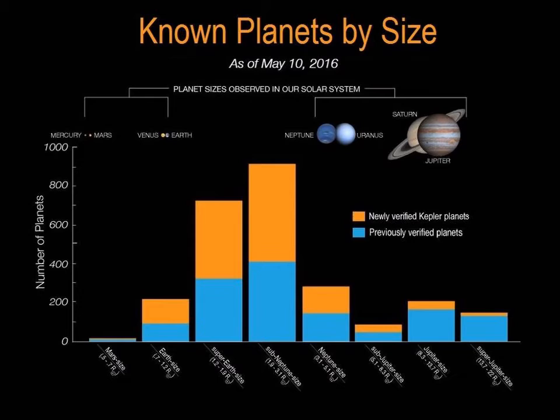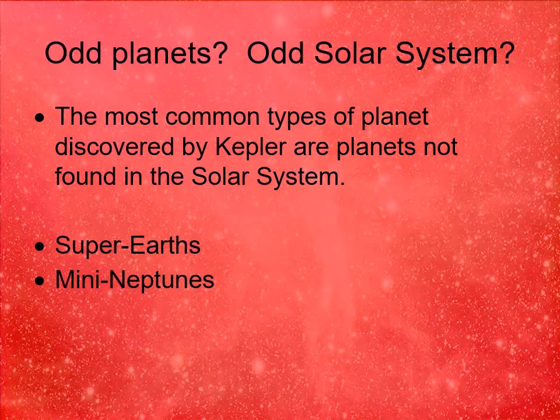We do have new astronomical satellites being launched, which may be able to find these smaller planets. So, question, are these super-Earths and mini Neptunes the oddities, or is the solar system odd? And the answer is we can't answer the question.